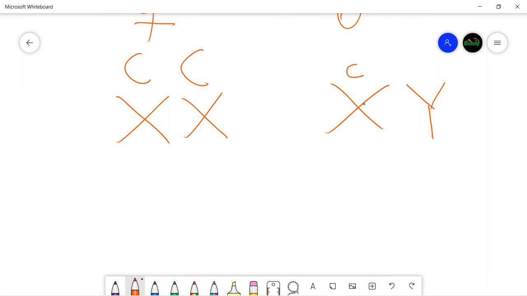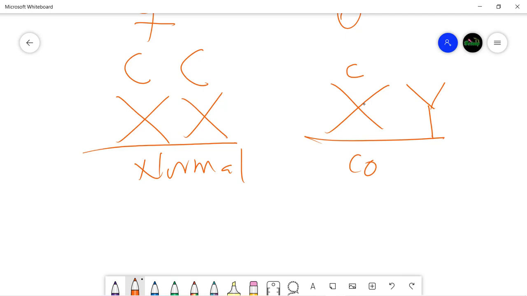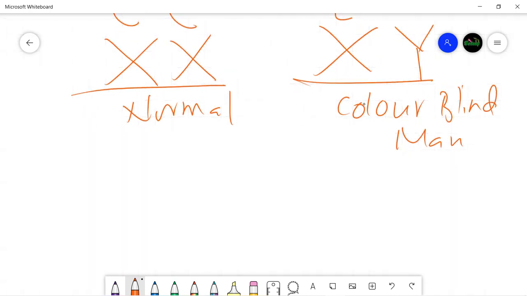That was a red-eyed female with a white-eyed male. So a normal vision, dominant female with a recessive male. This is a normal female, and this is a colorblind male. And you will get the same results as Morgan did in his first cross.